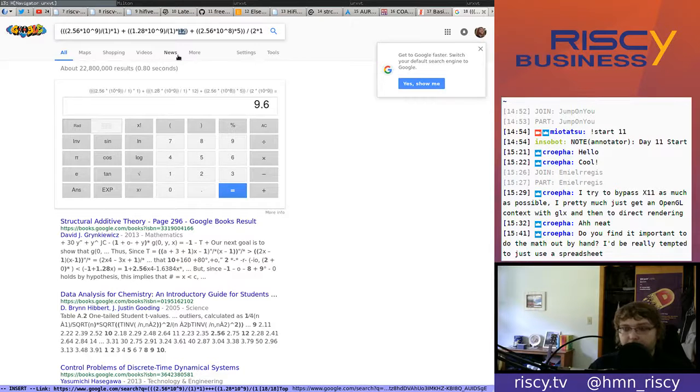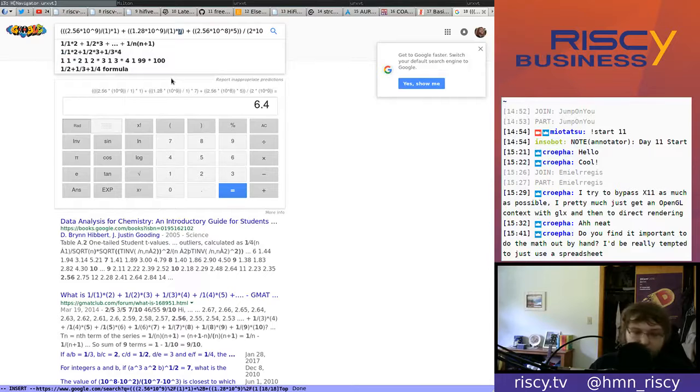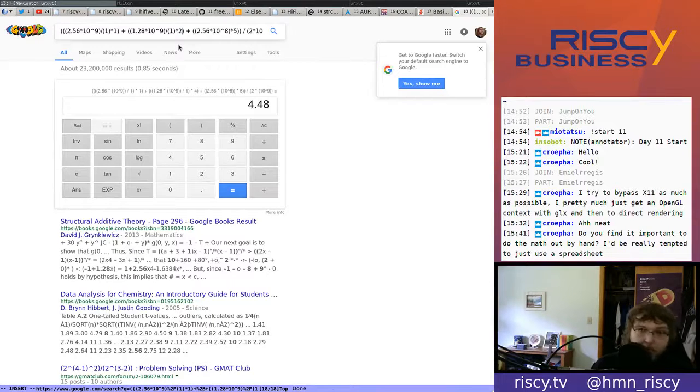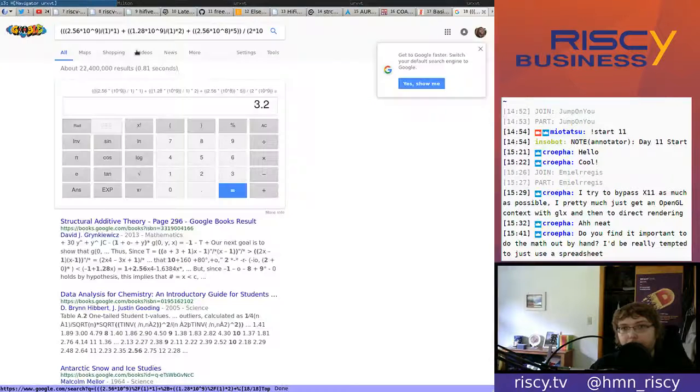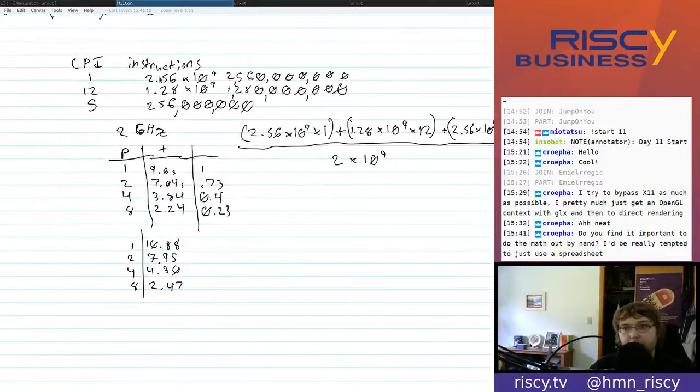So let's just do a little trial and error here. So at a CPI of 2, it's 3.2. It's exactly 3.84 at a CPI of 3. So the answer should be 3, but we're also going to do the algebra.